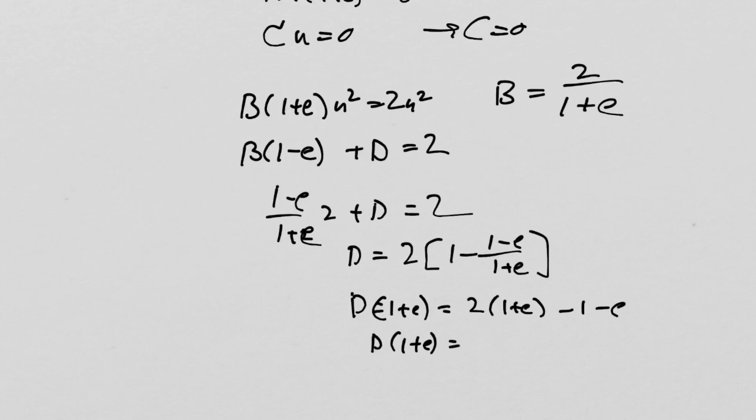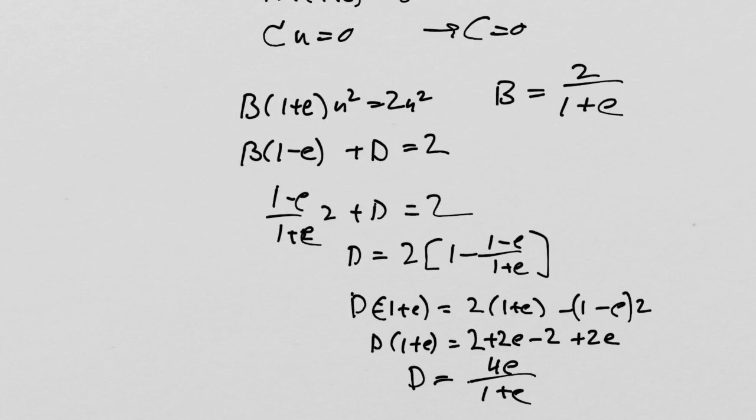Oh, this is going to work out nice, right? This is 2 minus 1, 2 minus 1 is 1, 1 plus e, 1 minus e is 1. Oh no, I need another factor of 2. So it's this thing, right? It's 2 plus 2e minus 2 minus 2e. So the 2's cancel. That adds up to 4e. So d equals 4e over 1 plus e.